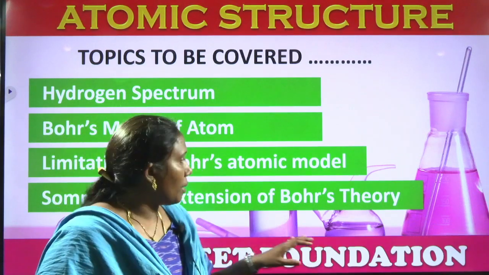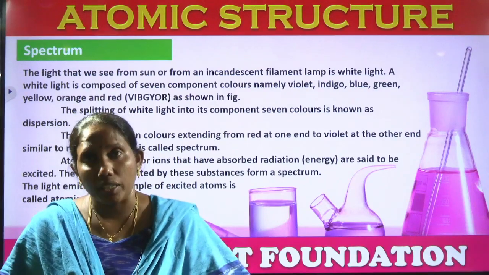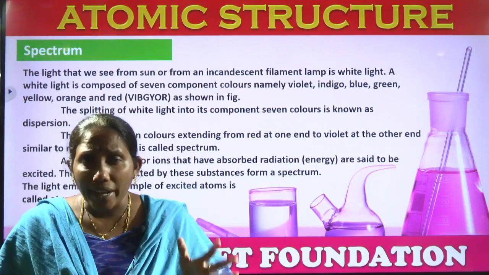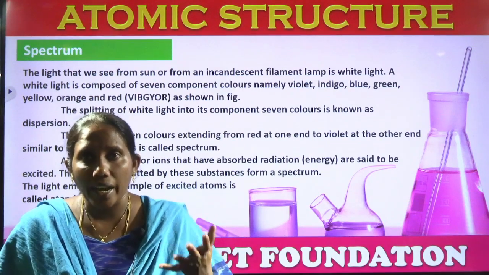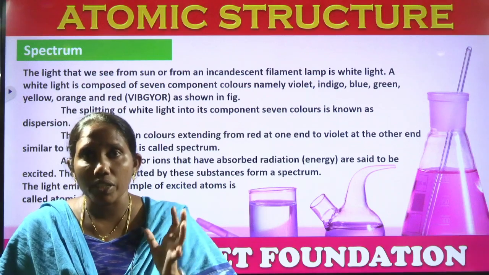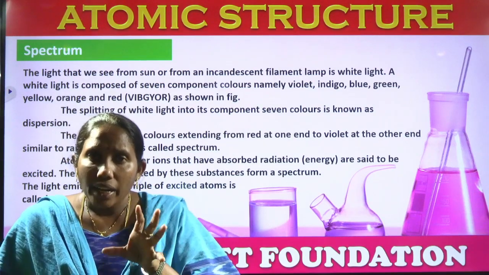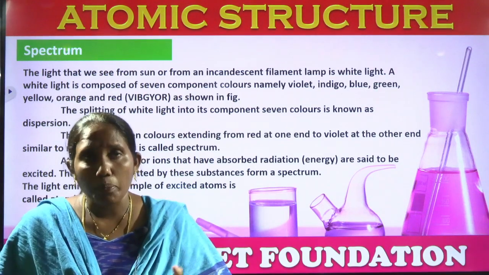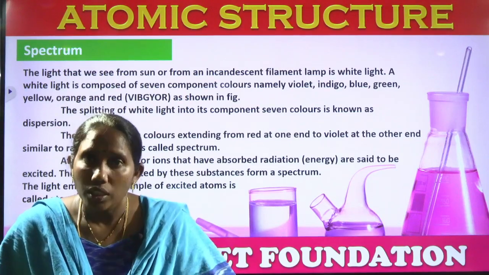Okay guys, come. So first of all, what is meant by spectrum? See, spectrum means a light, a white light, from any object, an incandescent bulb or anything which is producing some white light. That white light shows different types of colors. Suppose in a rainbow we are seeing VIBGYOR, right?